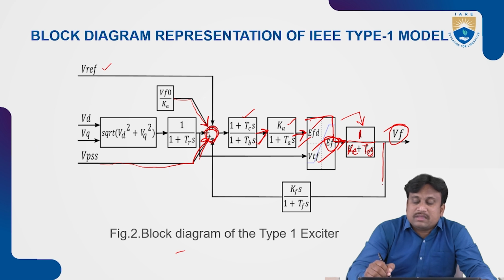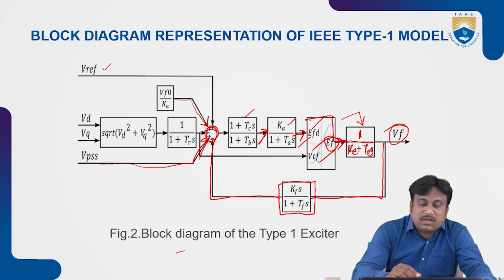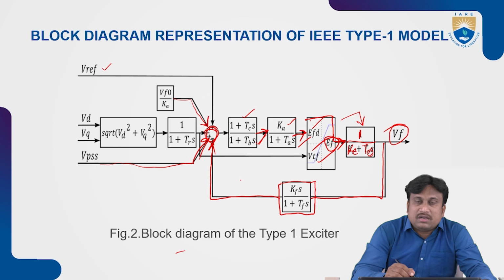The feedback path is taken across VF with a transfer function of KFS by 1 plus TFS. This feedback path connects to one of the summing sections, which is ready to neutralize whatever fault or distortion happens in the system.